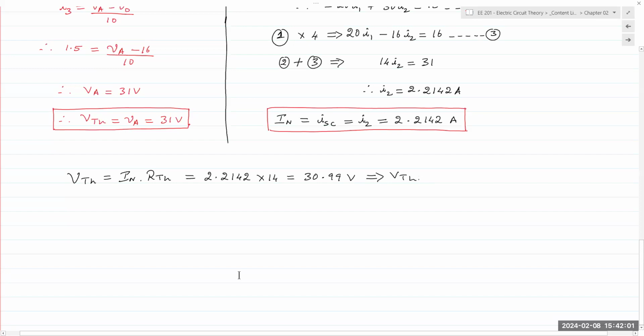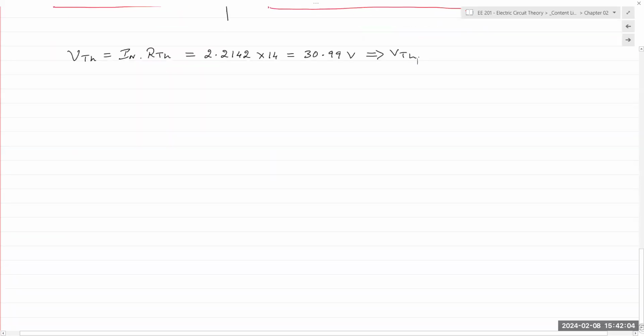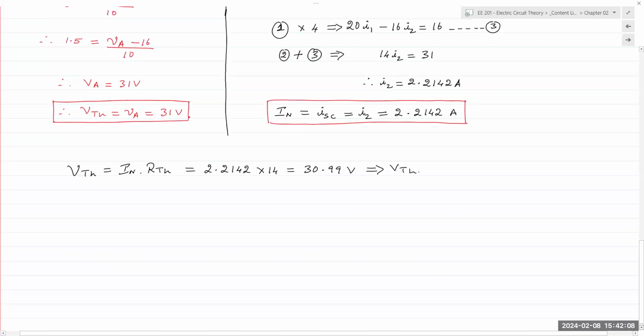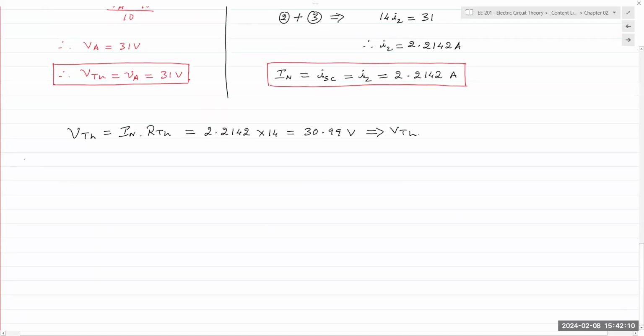And then the final Thevenin circuit and the final Norton circuit. The final Thevenin circuit is, of course, the Thevenin voltage in series with the Thevenin resistance.